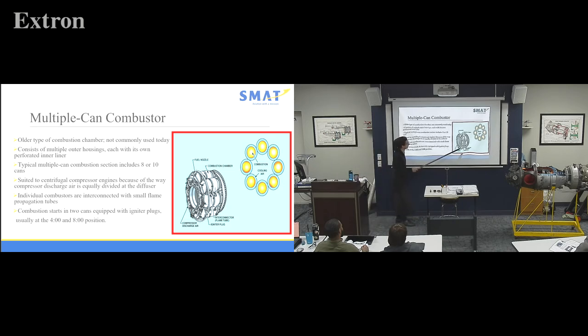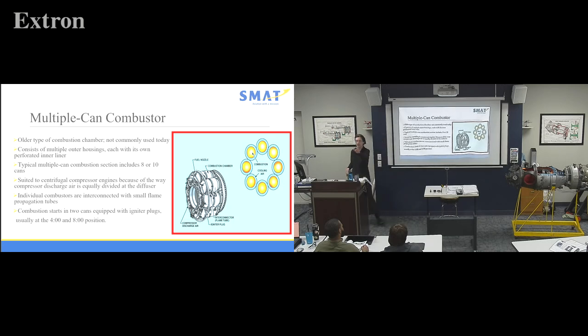It's a little hard to see, but you have tubes from one to the next to help that flame cross from one to the next. Combustion will start in just 2 cans. You just have 2 igniter plugs, usually at the 4 and 8 o'clock positions. That ignites those, and then because of the flame propagation tubes, our flame starts here and there, and then it'll spread to all the rooms.